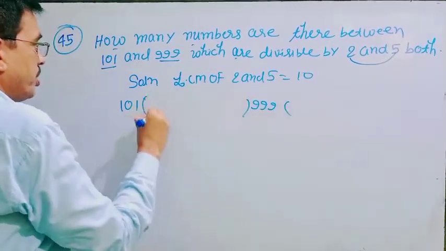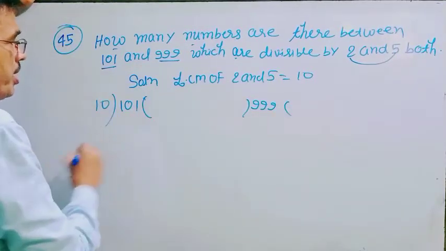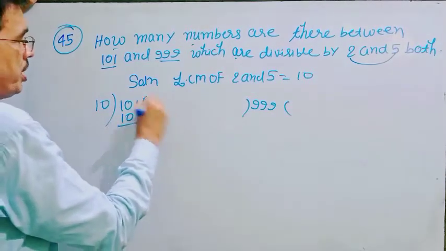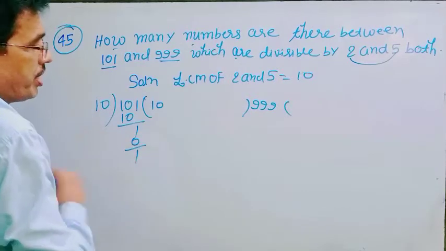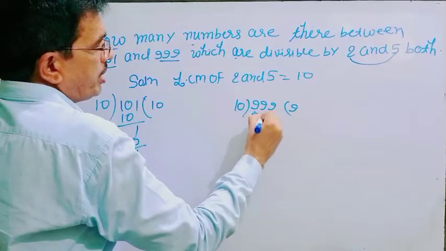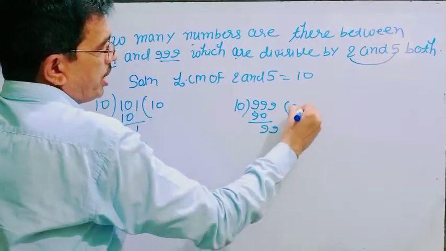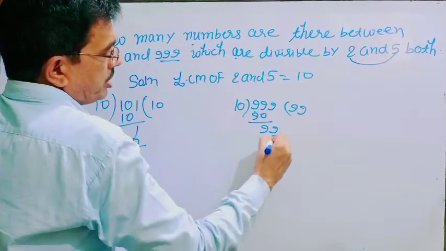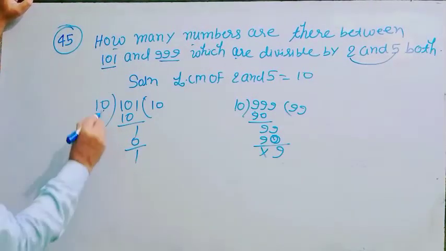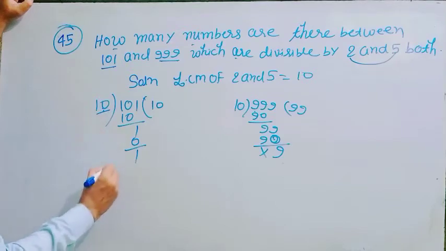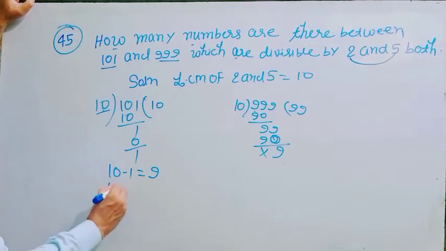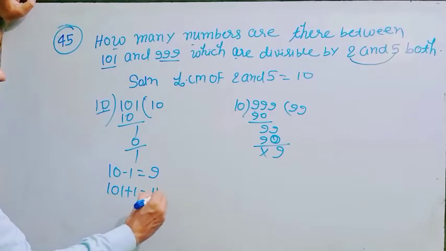Divide both by 10. The remainder is 0 for the first, and 9 for the second. For the smallest number, subtract 10 minus 1, that is 9, and add 101 plus 9, that is 110.